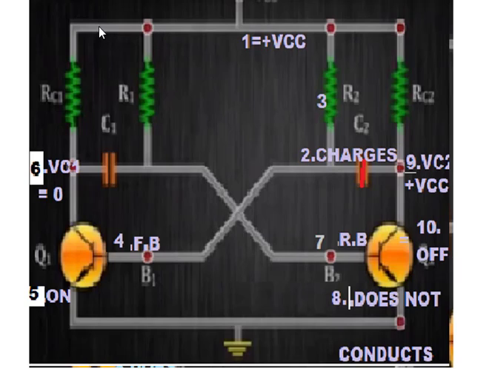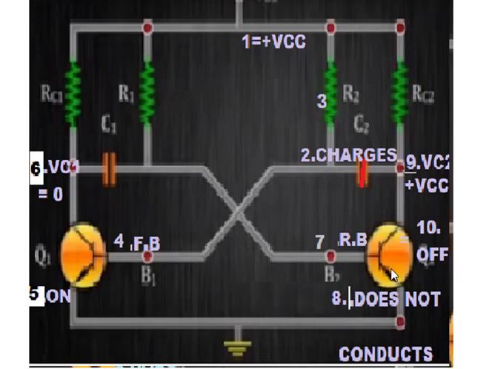The voltage from plus VCC passes through RC1 to the collector and is grounded, so there is zero voltage at this collector. This zero voltage is supplied to the second transistor, whose base is in reverse bias, so it does not conduct.